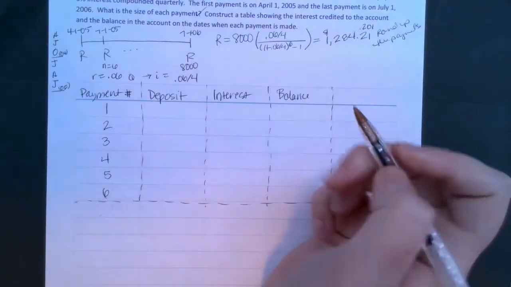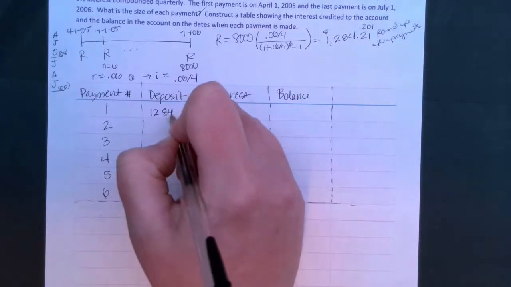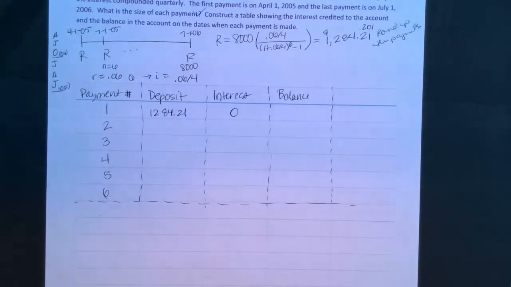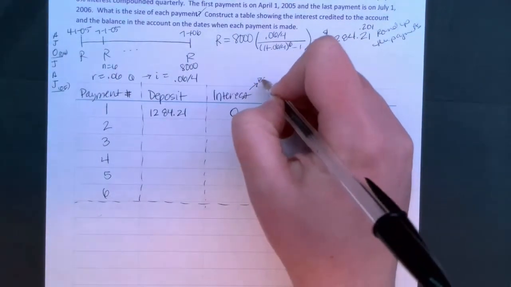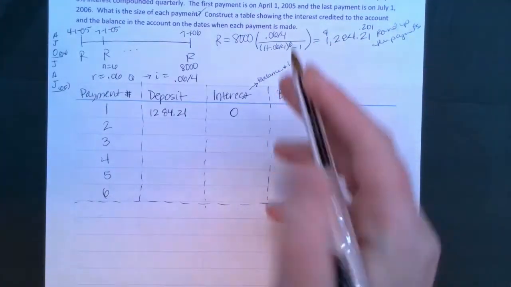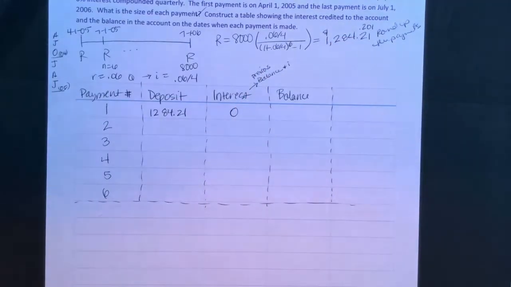Okay, so when we make our first deposit, 1284.21, it hasn't been sitting at all, so there's no interest. Okay, so now before, just like we did before with interest, this is going to be the balance times i. Okay, previous balance times i, but there's no previous balance, so it's going to be 0.